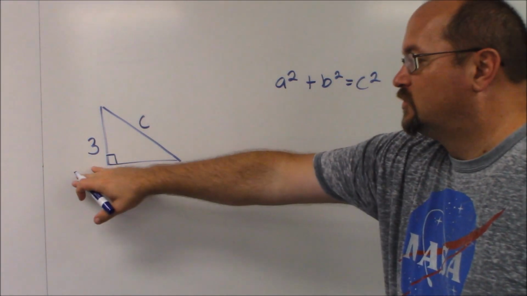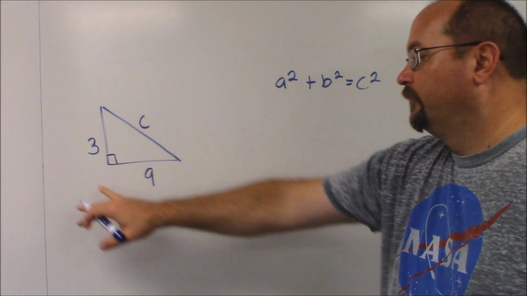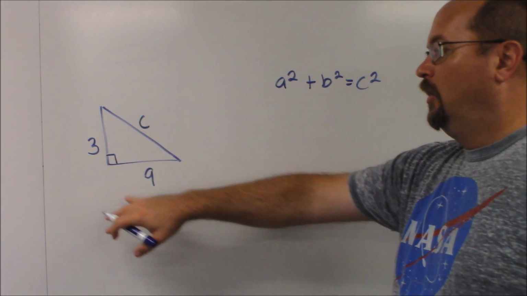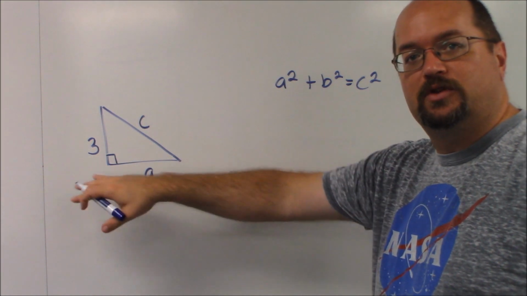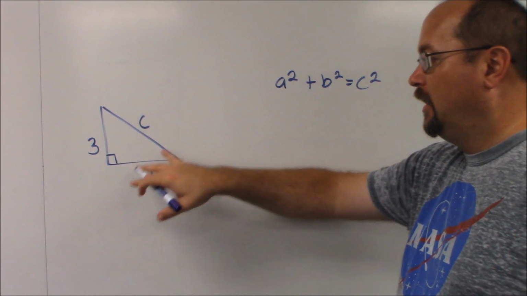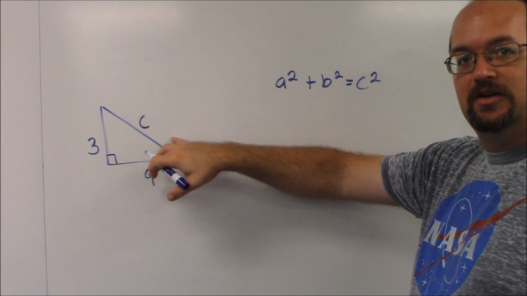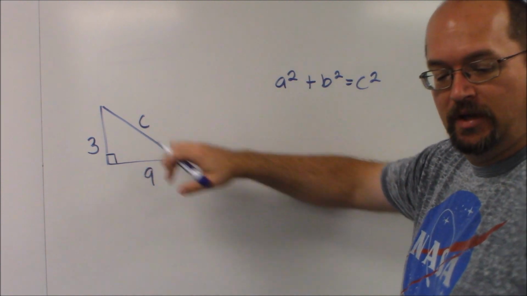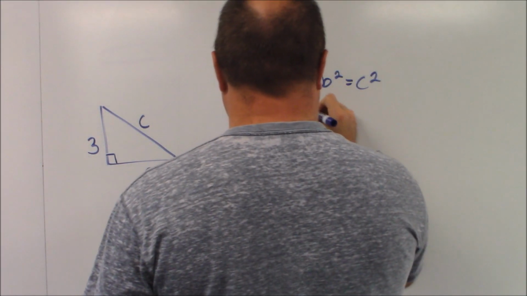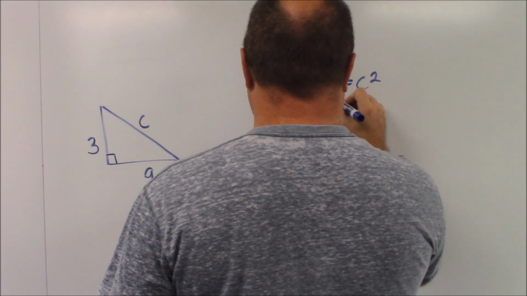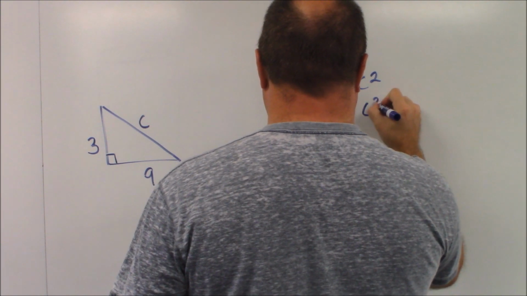I'm going to use 3 for my A value and 9 for my B value. Really, with these sides, it doesn't matter which one you use for A and which one you use for B. The hypotenuse, though, has to be the C value. So we're going to do 3 squared plus 9 squared gives us C squared.